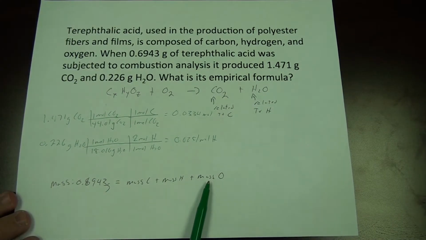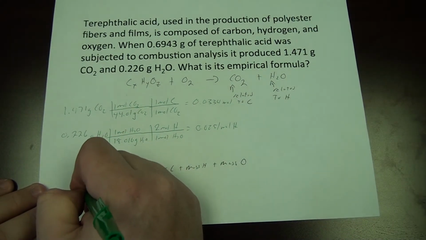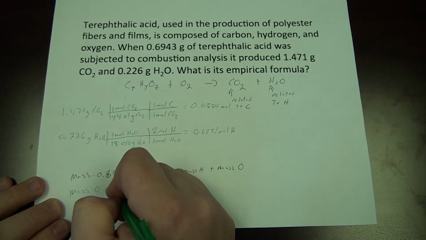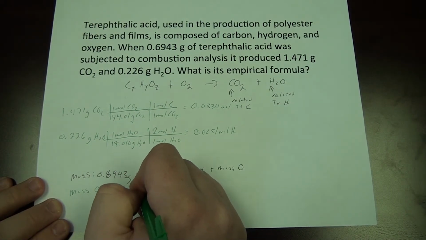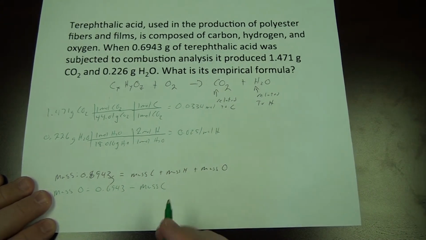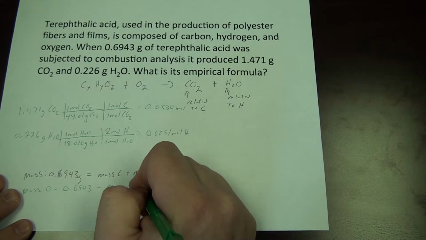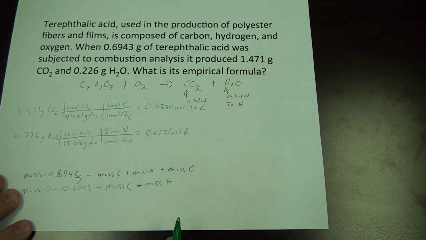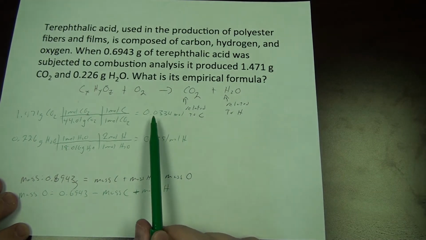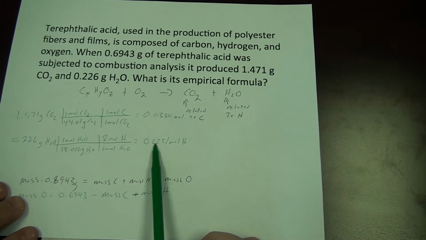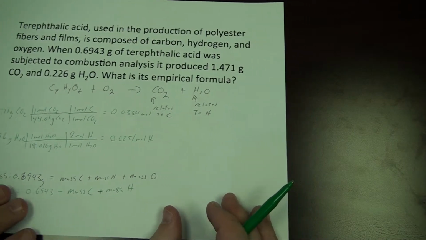So the mass of oxygen has to be equal to this 0.6943 minus the mass of carbon that we have at the end minus the mass of hydrogen. Right? So we have to convert these two from moles to masses.